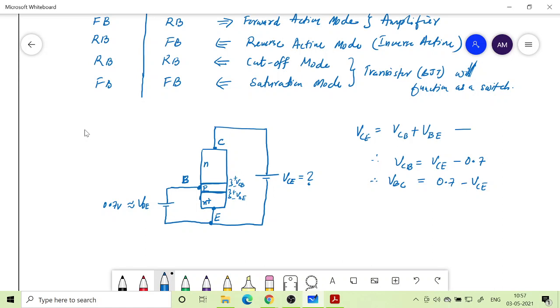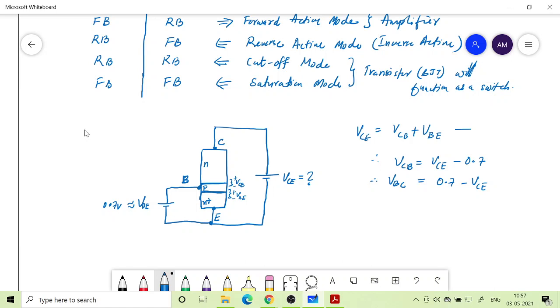So the real current flow happens only after the cut-in voltage. Even a positive voltage which is smaller than the cut-in voltage, we may treat as a reverse bias voltage, because the current magnitudes are very small.